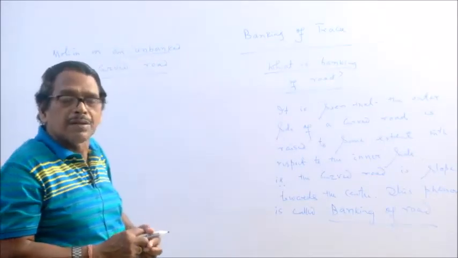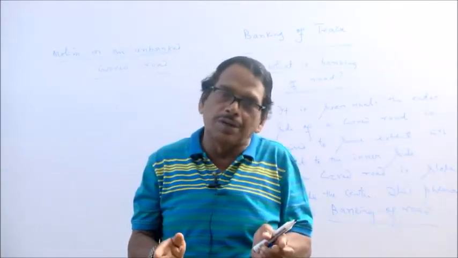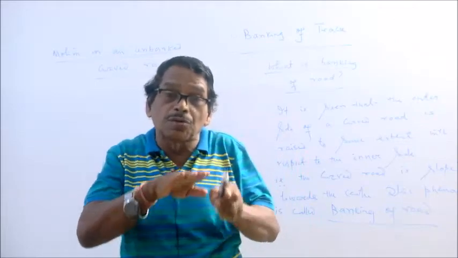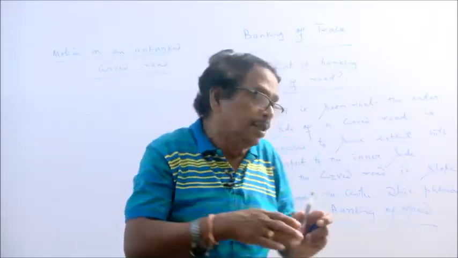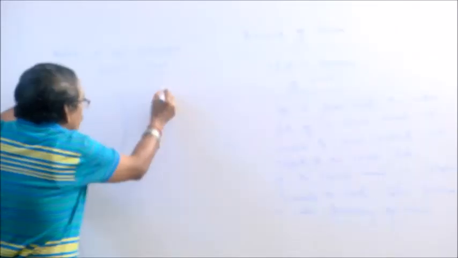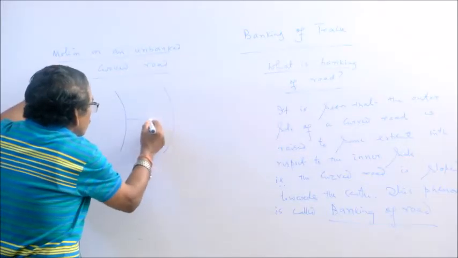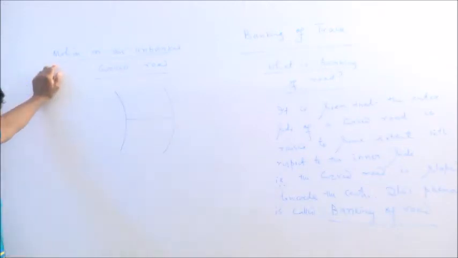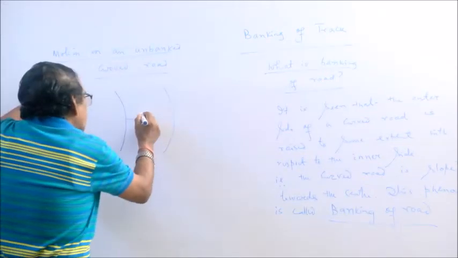What is the meaning of an unbanked car road? The road is curved, but both sides of the car road are at the same level.